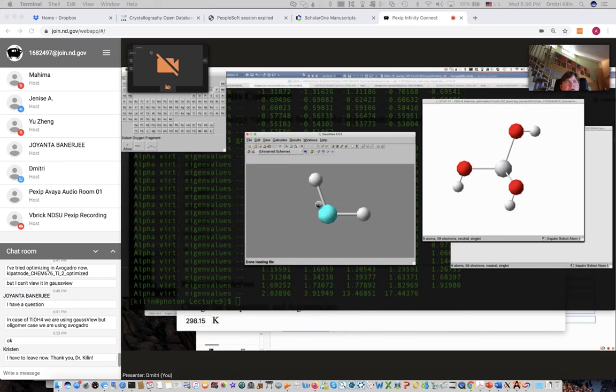Okay. Were you optimizing with Hartree-Fock or force field? I was using LANL2DZ. LANL2DZ is the basis set. And I was using Hartree-Fock though.